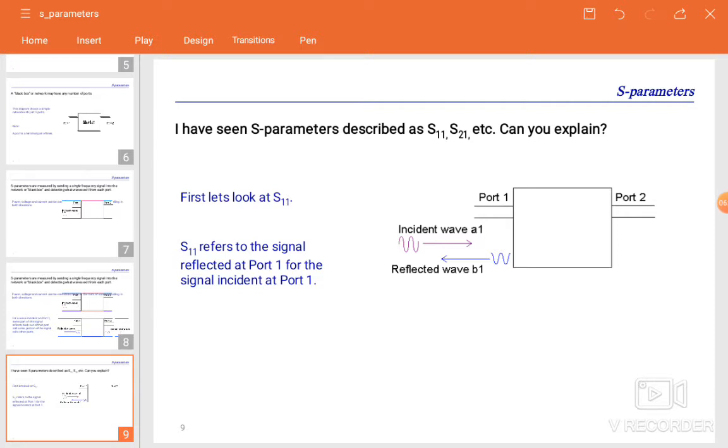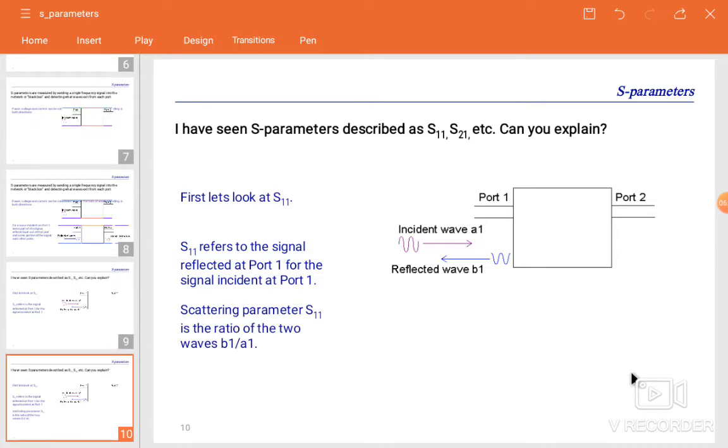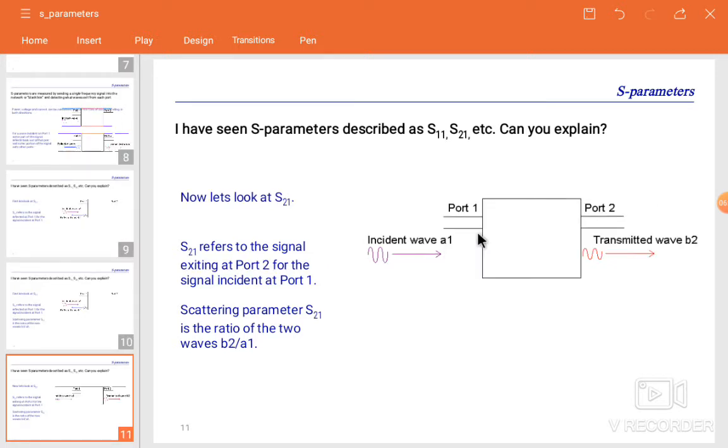S11 refers to the signal reflected at port 1 for the signal incident at port 1, and the scattering parameter S11 is the ratio of two waves, B1 by A1. The reflected wave is defined by B1 and the incident wave is defined by A1.